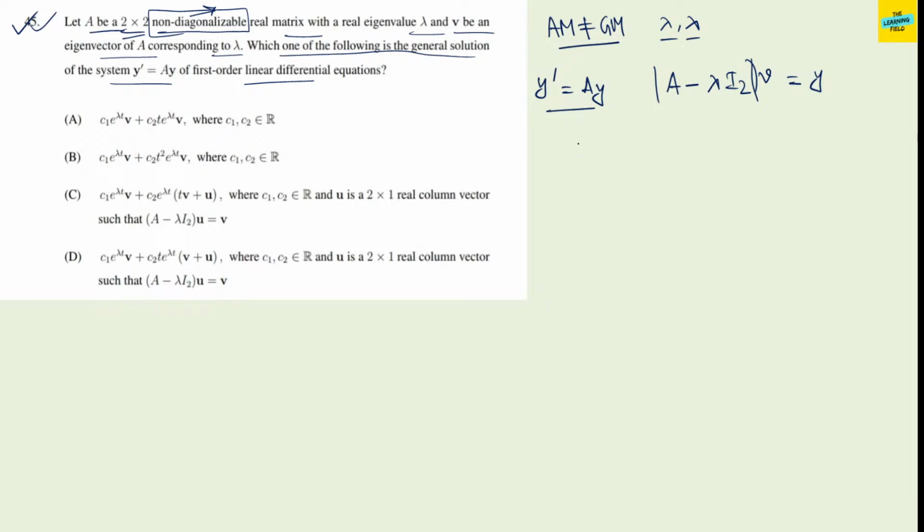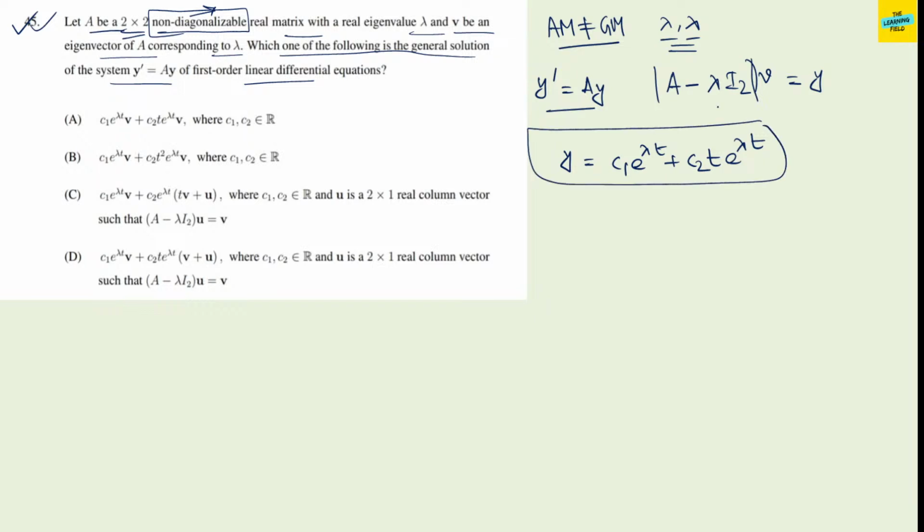And if lambda is the eigenvalue, then the solution we write as y equal to c1 e to the power lambda t plus c2 t e to the power lambda t, because the eigenvalues are repeated. This is one case, but this is not the complete solution. This is only for the eigenvector v.